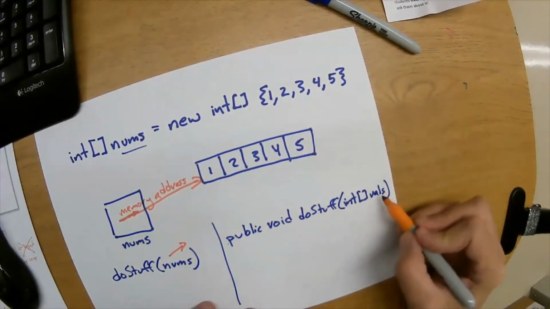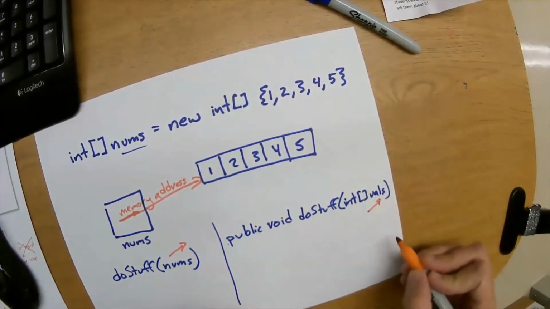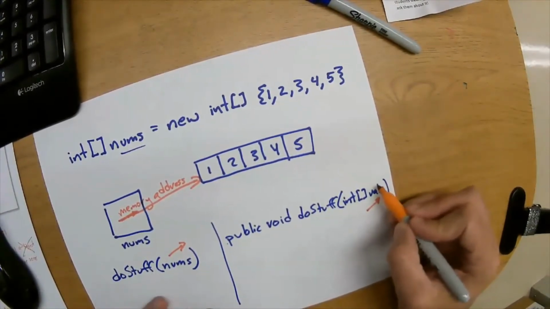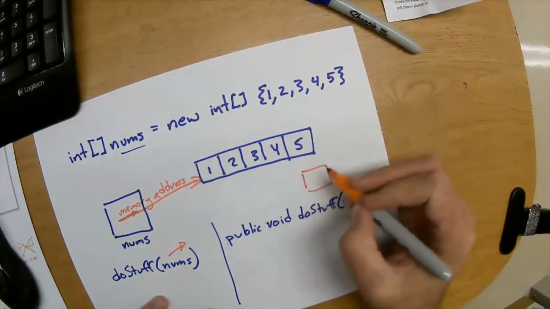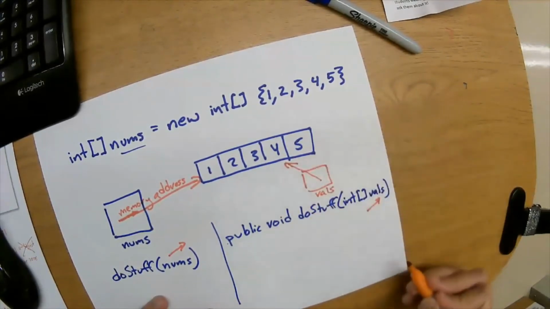When nums gets passed into vals, we actually just pass the arrow in. So now we've got this vals variable, and vals is just also pointing to this exact same place in memory.